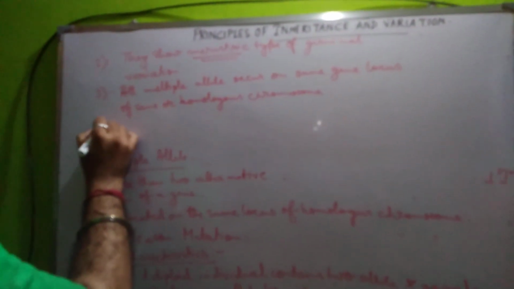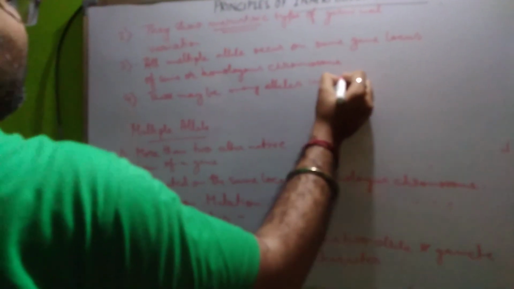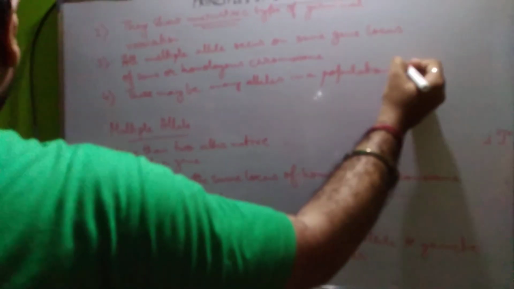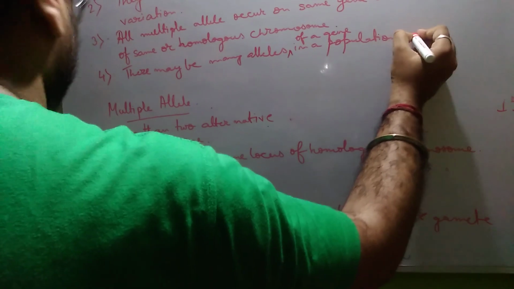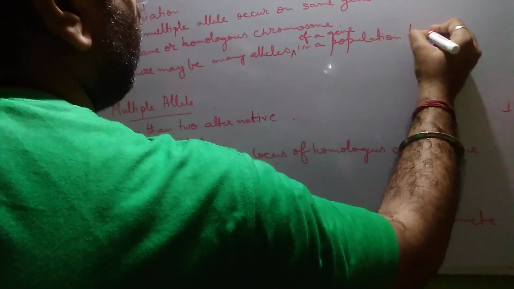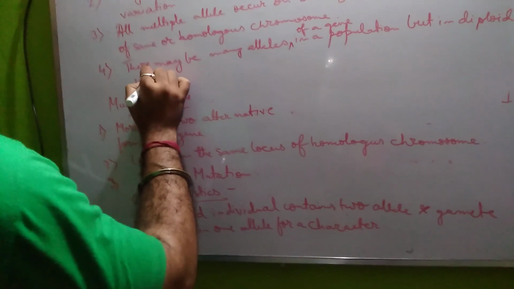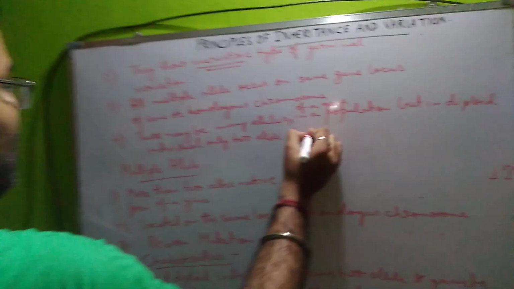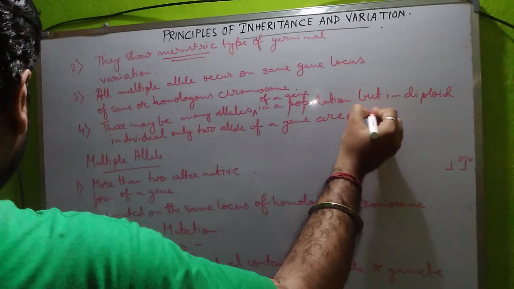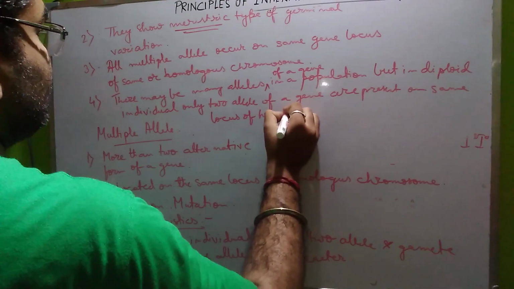And now comes the fourth point, that is the last point. There may be many alleles of a gene in a population, but in a diploid individual only two alleles of a gene are present on the same locus of homologous chromosome.